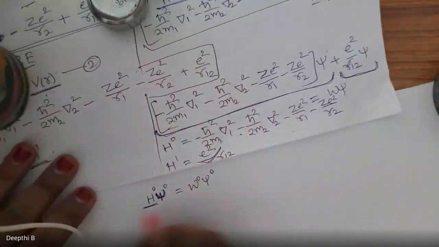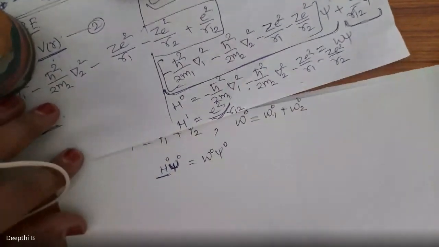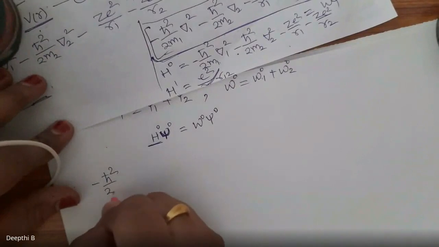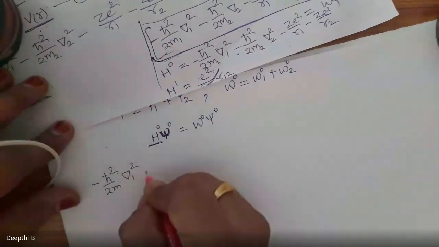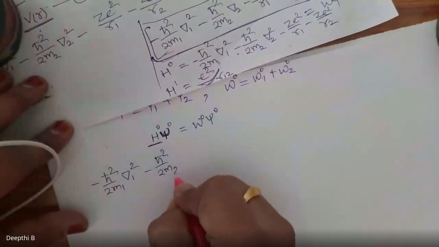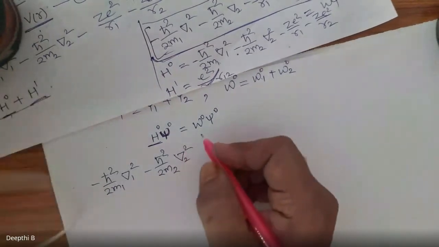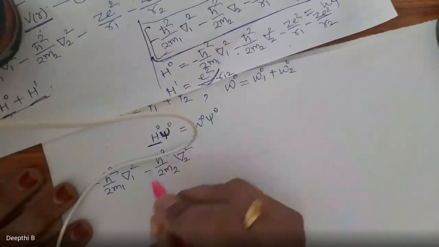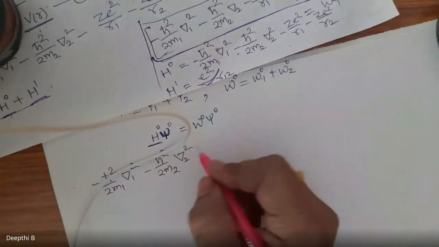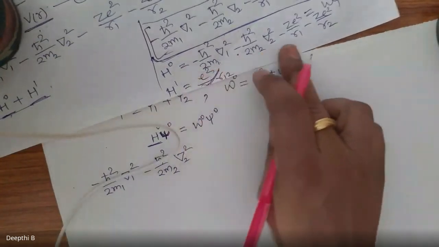So put from here minus h cross square by 2m1 del 1 square minus h cross square by 2m2 del 2 square, the whole term for H naught.